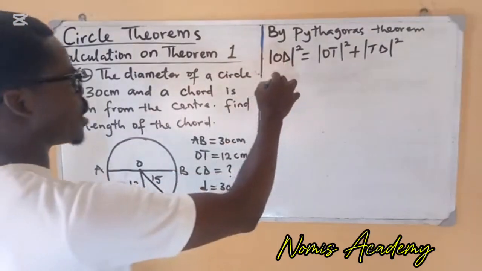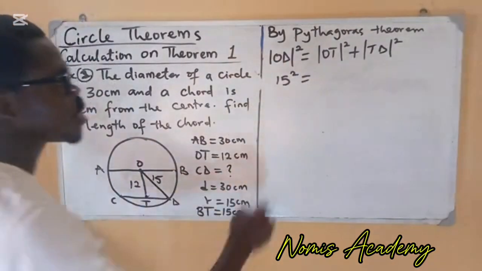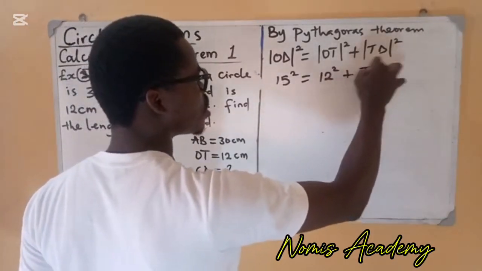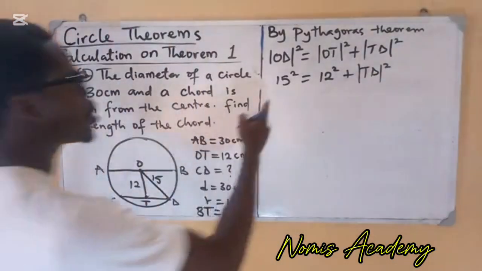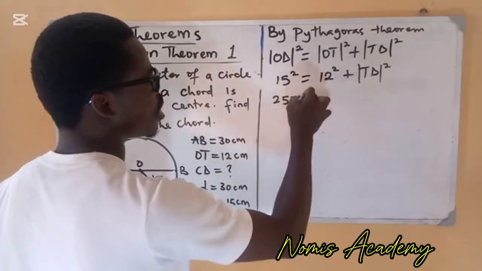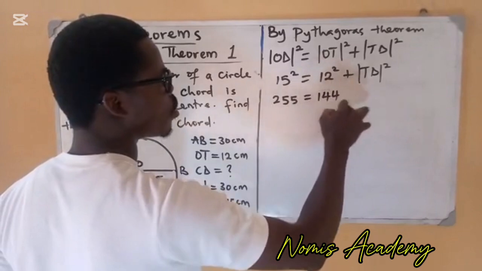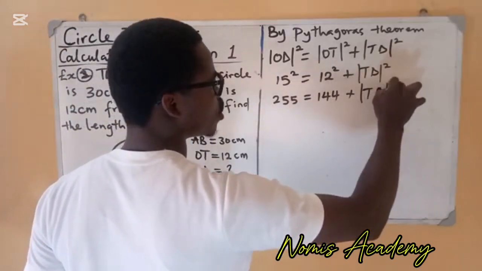Now OD is 15 square, equal to OT which is 12 square, and then we are looking for TD square. So 15 square is 225, sorry, that's a mistake. 225 is equal to 144 plus TD square.